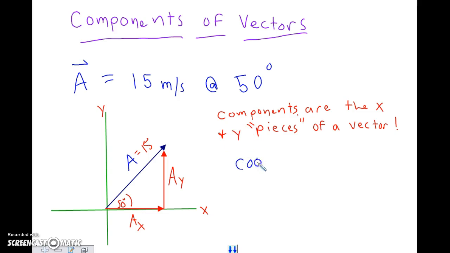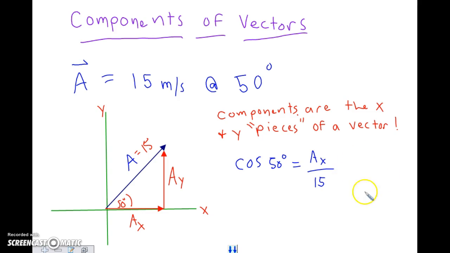So we could say the cosine of the angle, in this case 50 degrees, is equal to adjacent, or more specifically my x component side, over the hypotenuse, which specifically we know is 15, or generally just the magnitude of A, the vector we were given originally.